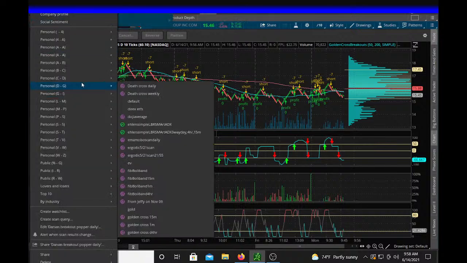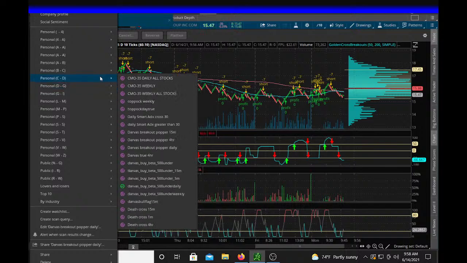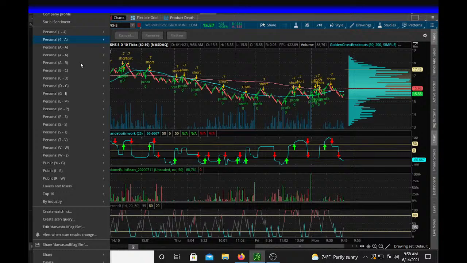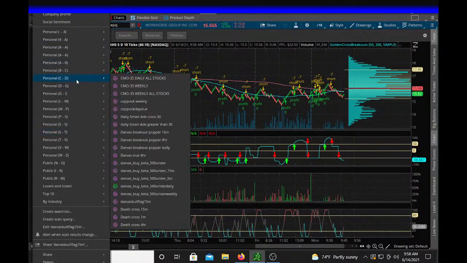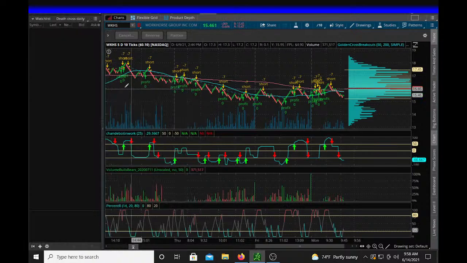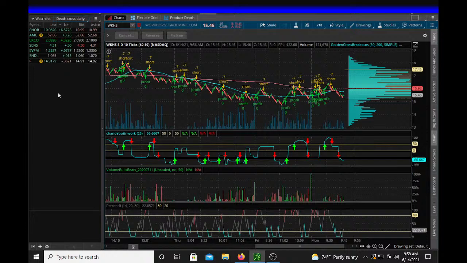And let's look for a bull flag, Darvis bull flag, and then we'll check our death crosses. Death cross on the daily. Yeah, death cross on the daily. There we go. So here's some death crosses on the daily. Very good.